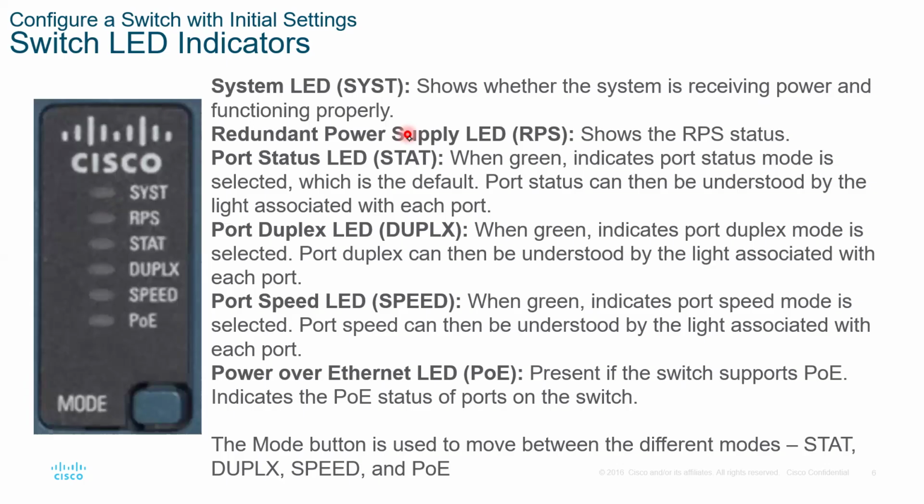If it's blinking green, backup power is connected, but it's not available. If it's amber, our backup power is in a faulty condition. Blinking amber means our device has an internal power supply problem. Backup power might be connected, but the device has an issue.